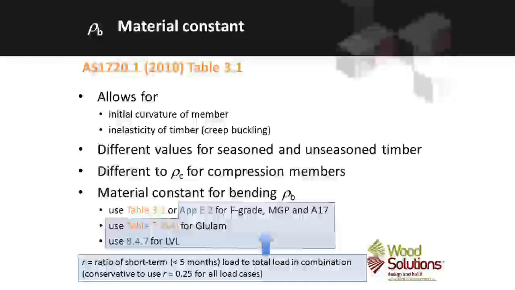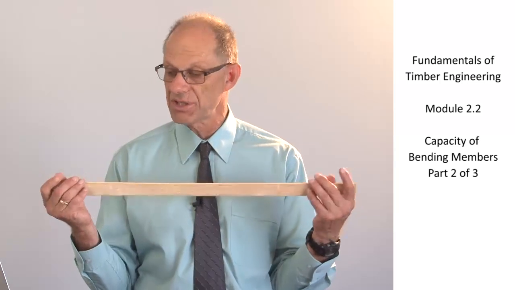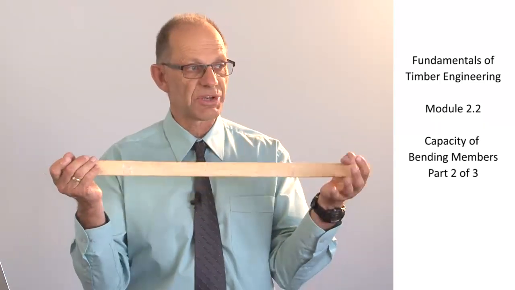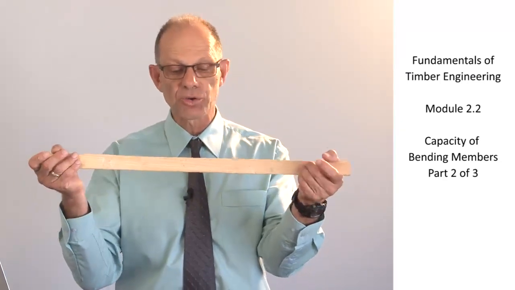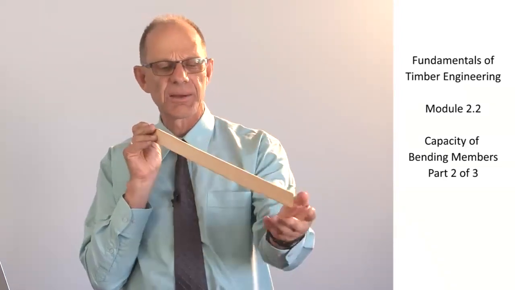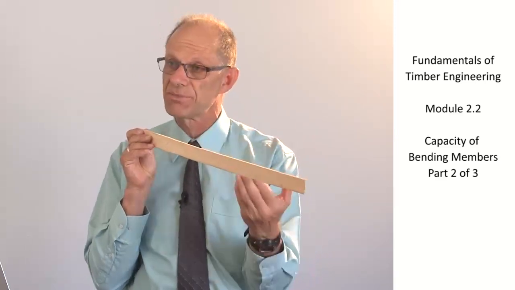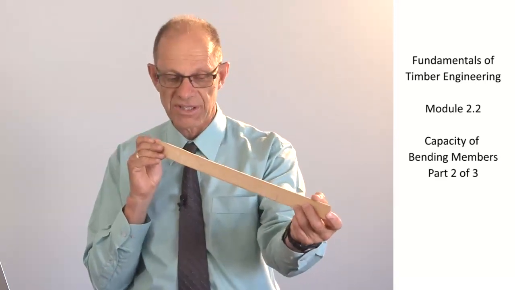The other factor in that equation is what we call a material constant. And it again is something that a lot of research has gone into, because timber is a natural material. It does have some creep involved, and it may not always be dead straight. And if it has a little bit of initial curvature, that may reduce the buckling capacity of that particular member.